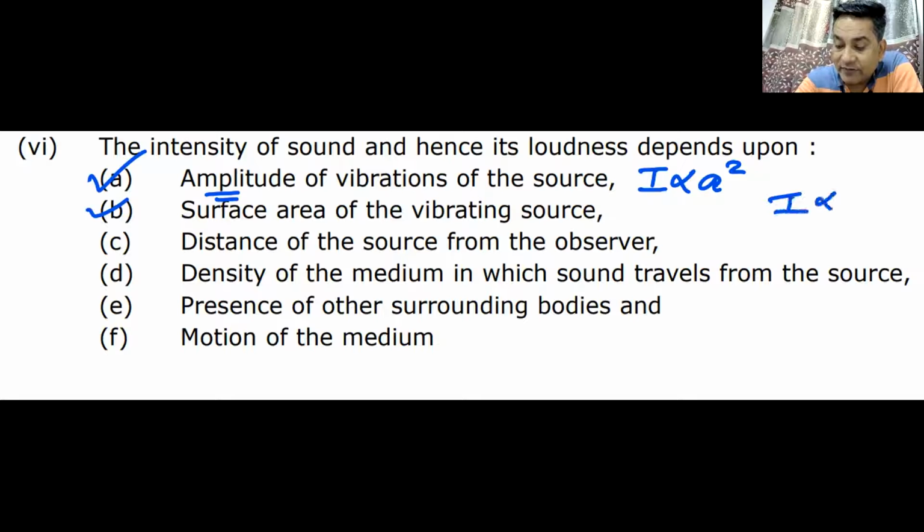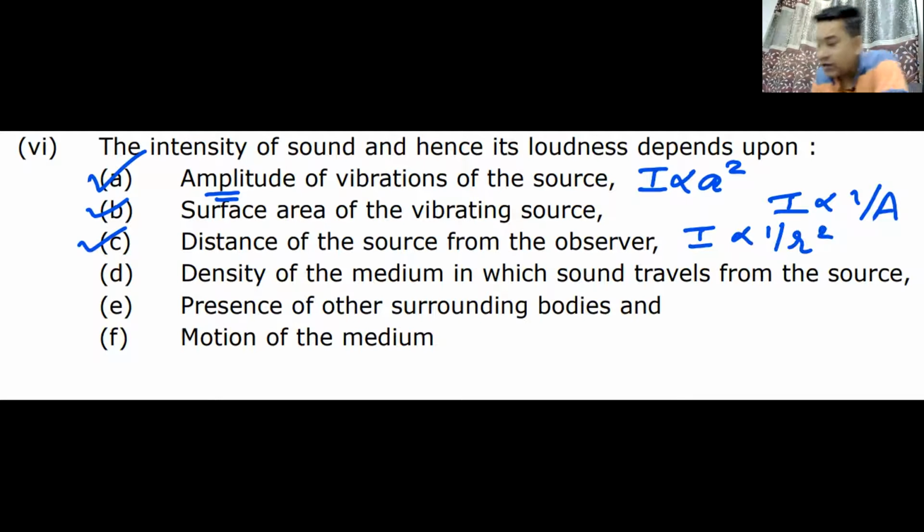Intensity is inversely proportional to area, that means it is energy per unit area. So if the area is less, intensity will be more. If the area is more, intensity will be less. Distance: intensity is actually inversely proportional to distance square. So as you go away from the source of sound, the intensity will decrease.